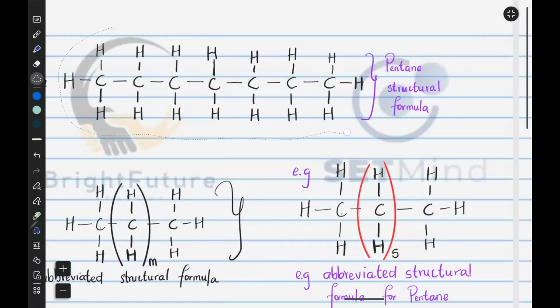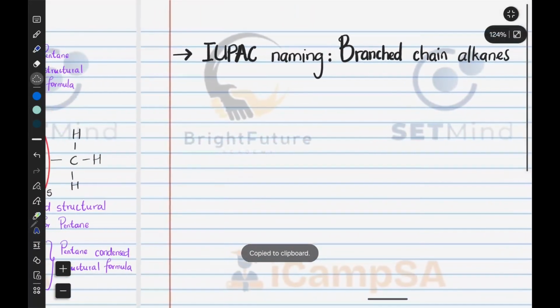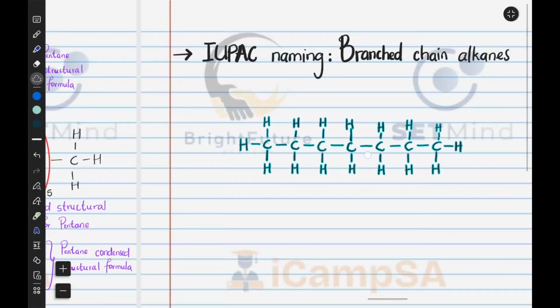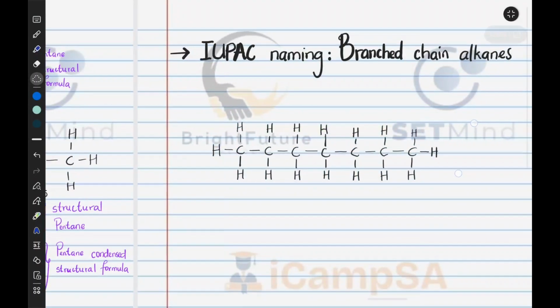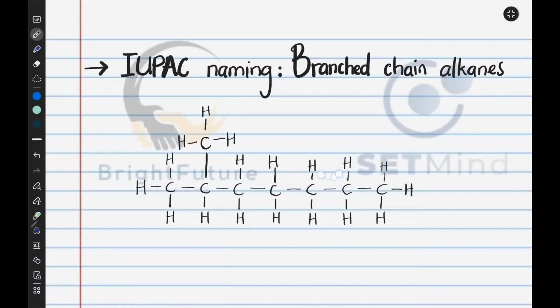our previous example of pentane. This was a straight chain hydrocarbon, right? So we take pentane. Now when we talk about branched alkanes, where there's a hydrogen here, you might find that the structural formula is such that instead of having hydrogen there, we substitute it with a carbon atom, and in turn that carbon atom is bonded to hydrogen atoms like this, right?